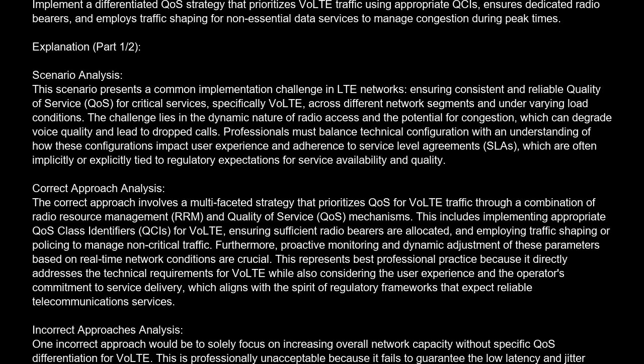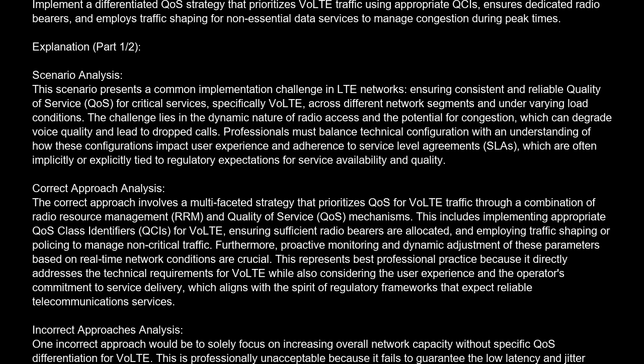Correct approach analysis. The correct approach involves a multifaceted strategy that prioritizes CoS for VoLTE traffic through a combination of radio resource management, RRM, and quality of service, CoS mechanisms. This includes implementing appropriate QoS class identifiers, QCI, for VoLTE, ensuring sufficient radio bearers are allocated, and employing traffic shaping or policing to manage non-critical traffic.